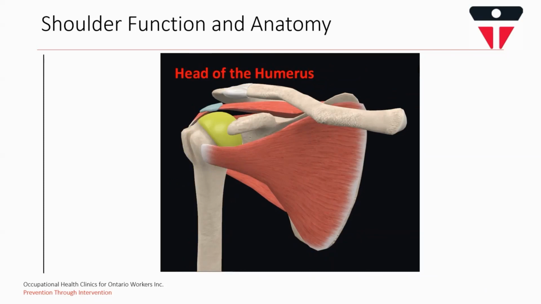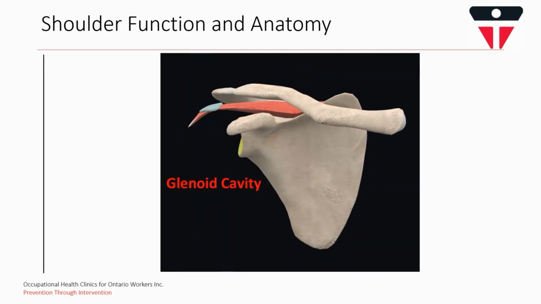You'll often hear the shoulder referred to as a ball and socket joint. The head of the humerus is actually the ball, and the glenoid cavity functions as the socket.